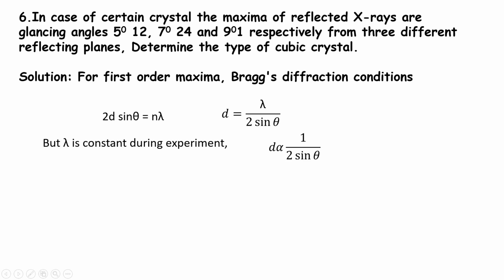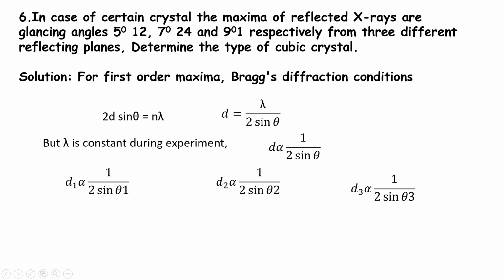Since lambda is constant, d is directly proportional to 1 divided by 2 sin theta. Now consider d1, d2 and d3 as the interplanar distances for the three glancing angles theta 1, theta 2 and theta 3, that are 5 degree 12 minutes, 7 degree 24 minutes and 9 degree 1 minute.